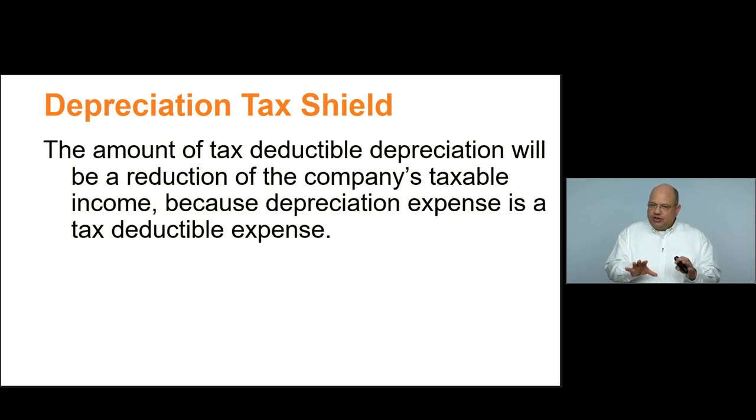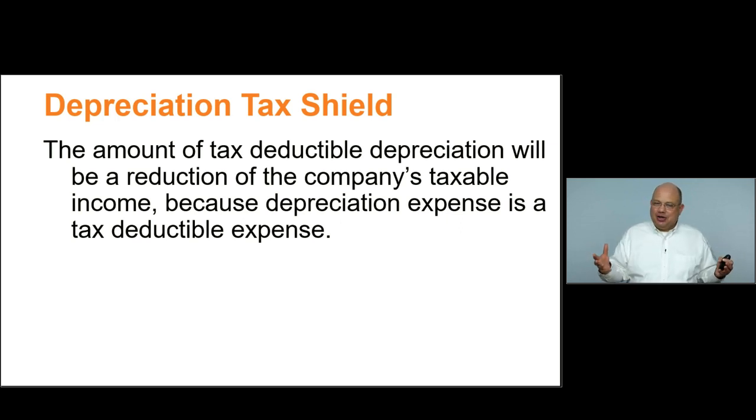The Depreciation Tax Shield is not a cash inflow in the sense that somebody is paying us money. Nobody is paying us money connected to it. But because depreciation is a tax-deductible expense, it decreases the amount of the cash outflow that we have for taxes.